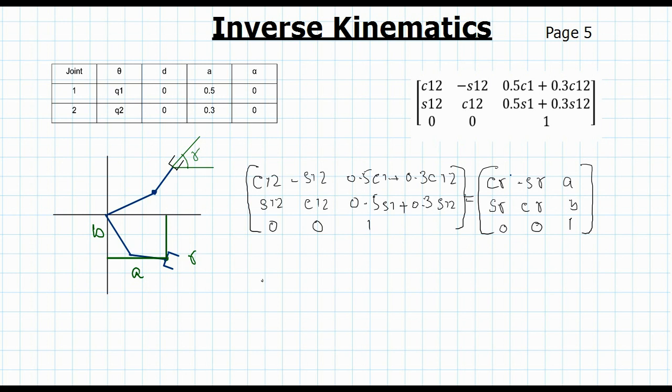Well, now basically we are asking our robot to achieve an end effector pose specified by three variables, A, B and gamma. In the matrix form it can be a little bit confusing.